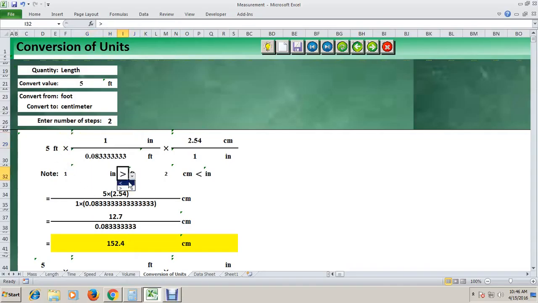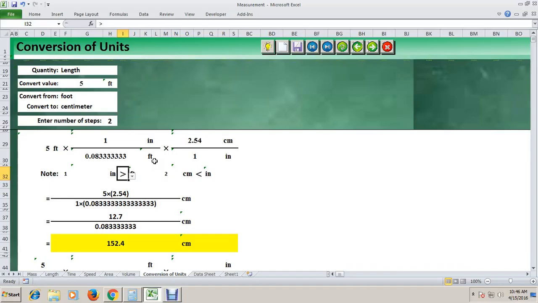Okay, so let me repeat that. Let me go back to the inequality that the unit inches is actually lesser than the number of foot. Making use of 12 inches per 1 foot, you see that the answer is 152.4 centimeters. But if you're going to reverse it, you still have the same answer, even though you make use of a different set of conversion between 1 inch and the number of foot.